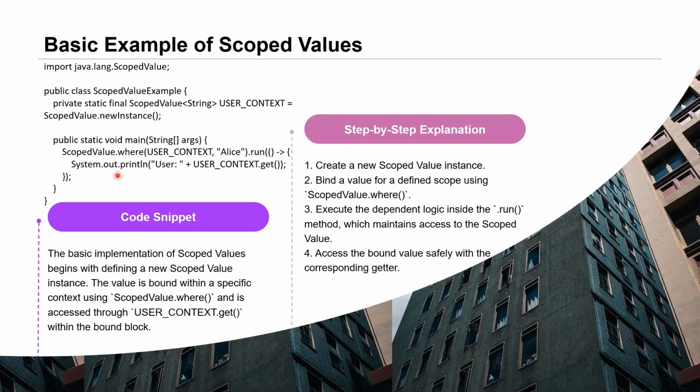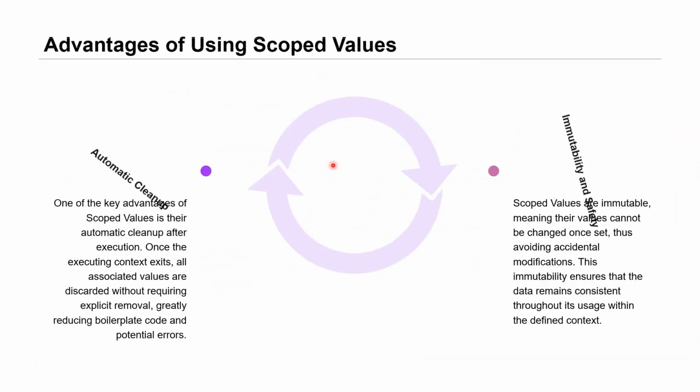But in the case of ThreadLocal, we manually need to use the remove method so that it will clean up. Here we are not using any manual intervention. So this is one of the main advantages, that it automatically cleans up the resources. That means we don't need to write any boilerplate code here, and we can also avoid potential errors. Another one is immutability and safety.